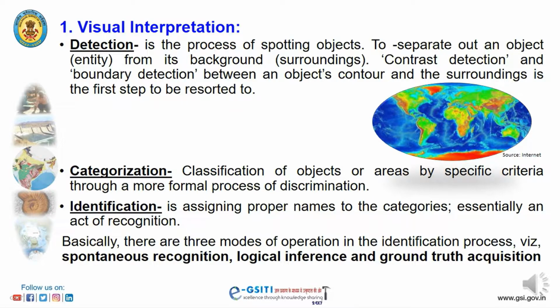So using the information which we are having, we are trying to interpret that data. So you can categorize that after detecting based on our spontaneous recognition using our logical inferences, and we finalize the data, its interpretation through ground truth verification. So this is how we analyze and interpret a particular image. This technique is used for our visual interpretation of various data.